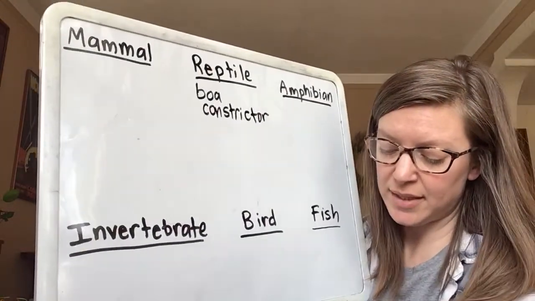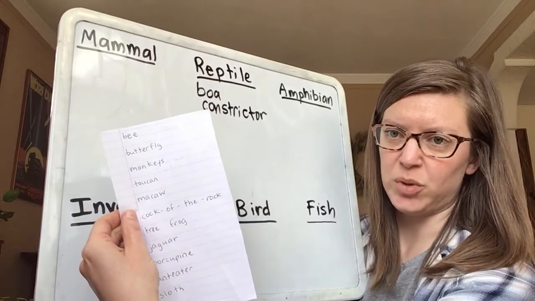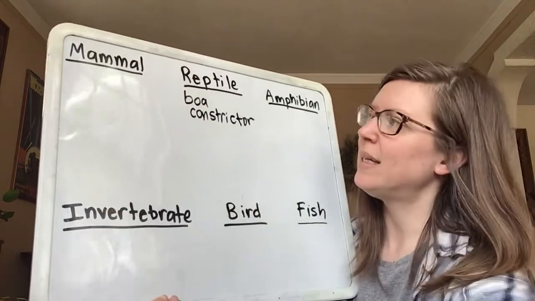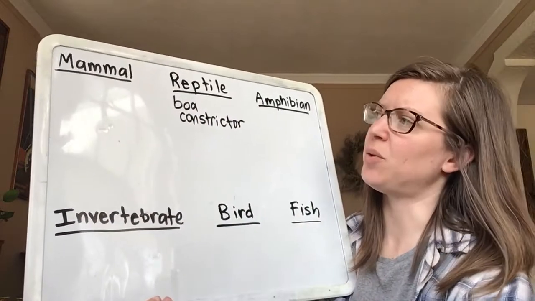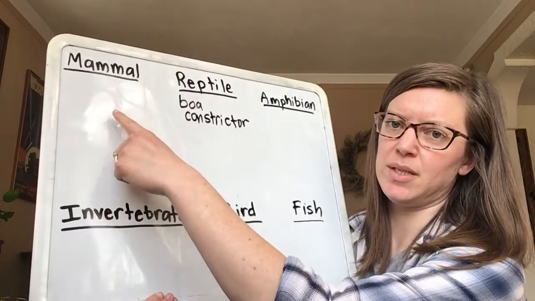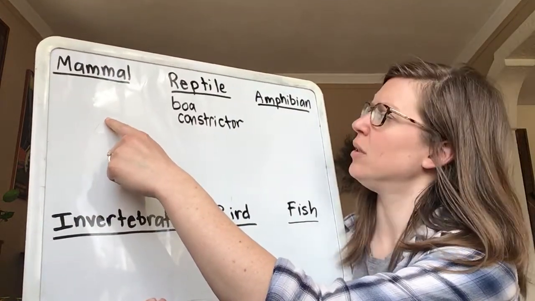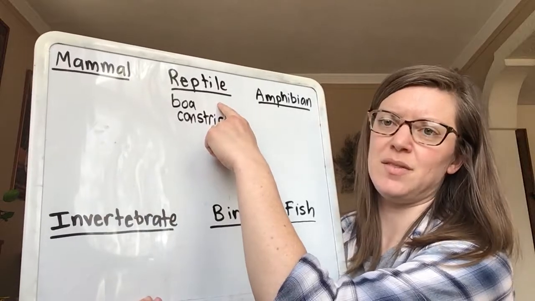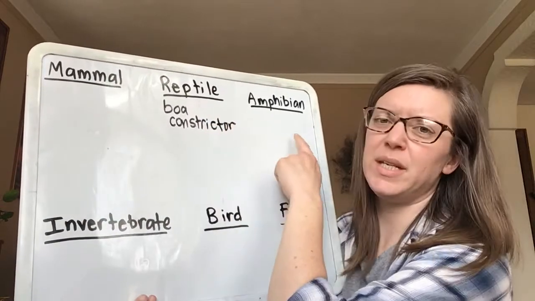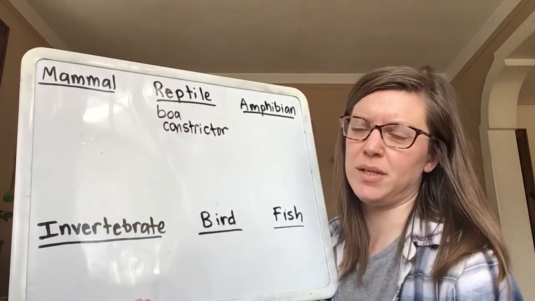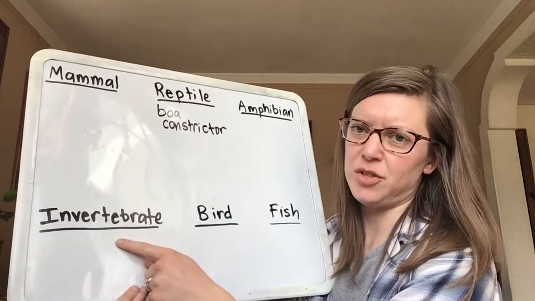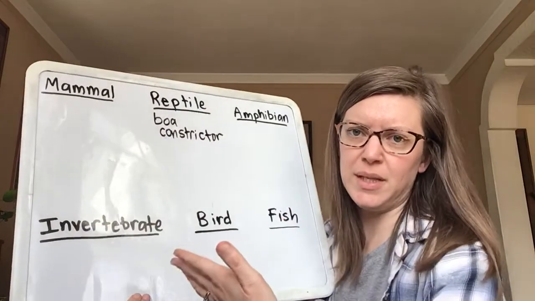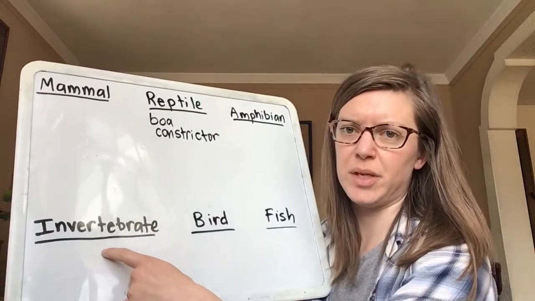So next on my list that I have from my notebook, I wrote bee, and I'm looking at our different categories. I know it's not a mammal because it's not warm-blooded, doesn't have fur. Don't think it's a reptile because it doesn't have scales. I don't think it's an amphibian because it doesn't have that moist skin. I'm pretty sure that it's an invertebrate because bees are insects and insects are invertebrates.